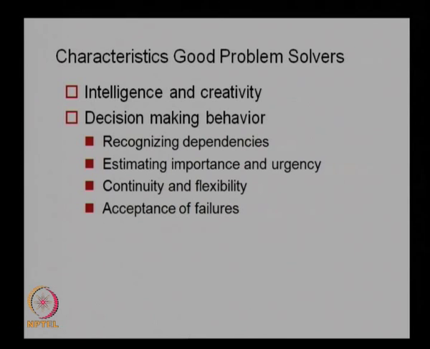Creative thinking is an important quality of a good problem solver. He needs to look at the problem in an intelligent and creative way, and try to see whether he can adapt an existing technology, or he has to look for a new technology, or he can try to find a totally new or innovative way to solve that problem.